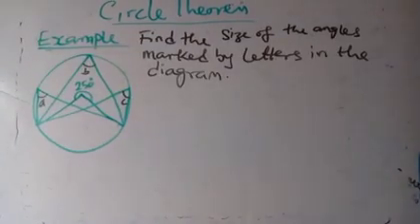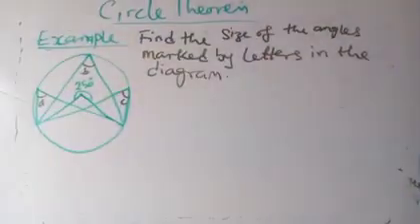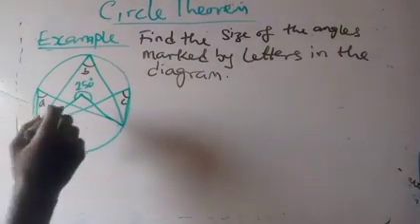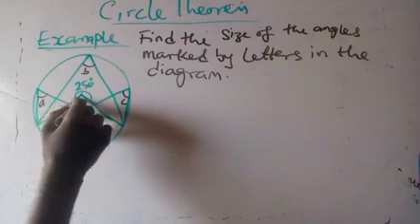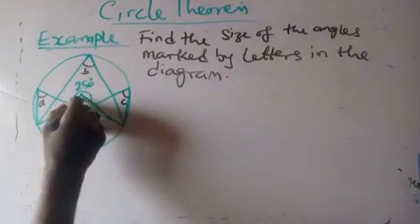We are to find the size of the angles marked by letters in this diagram. So we are to look for this angle. We are to look for this angle.